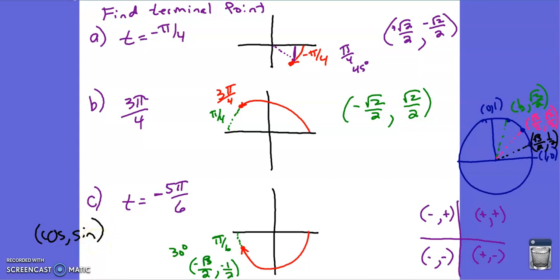We could take the cosine of negative 5 pi over 6 and the sine of negative 5 pi over 6, and it would give me my answer in decimal approximations. Well, the negative 1/2 would come out nice. By the way, you'd have to do the cosine and sine in radian mode. But again, I'm looking for the exact answers, not the decimal approximations, because I want to emphasize knowing the unit circle.